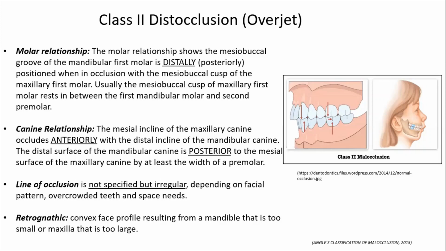So the mesial buccal cusp of the maxillary first molar is resting in between the first mandibular molar and the second premolar. So it's almost like it's pushed forward.